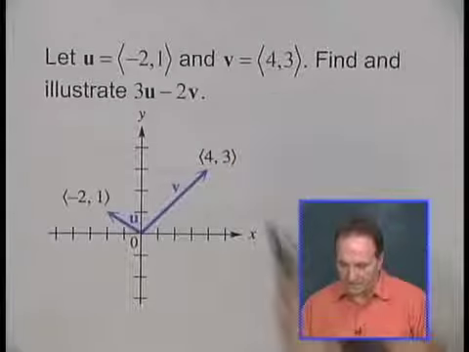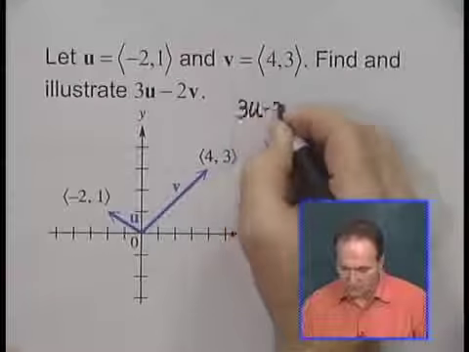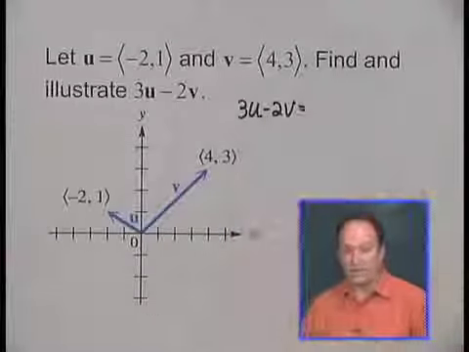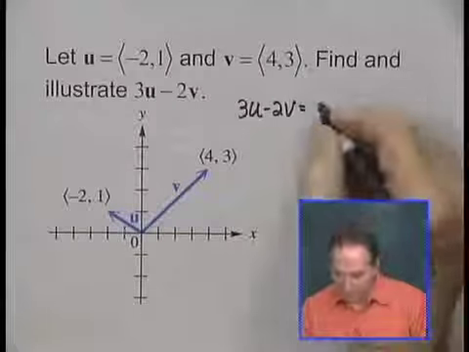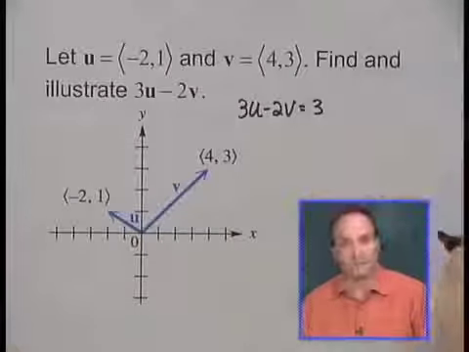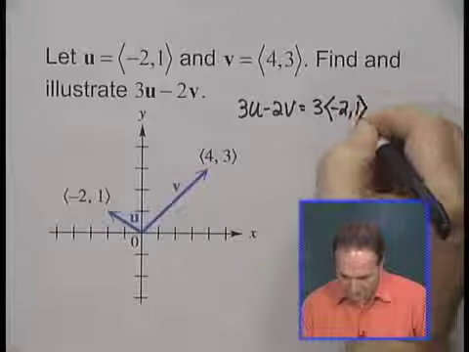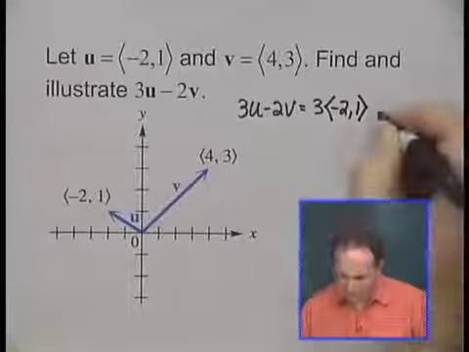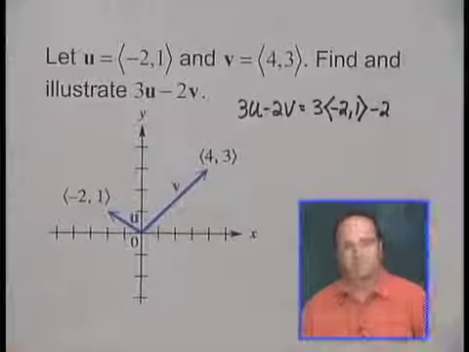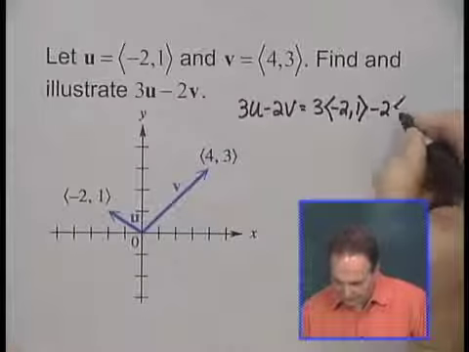So in this case, 3u minus 2v would be equal to multiplying 3 times vector u and then subtracting 2 times vector v.